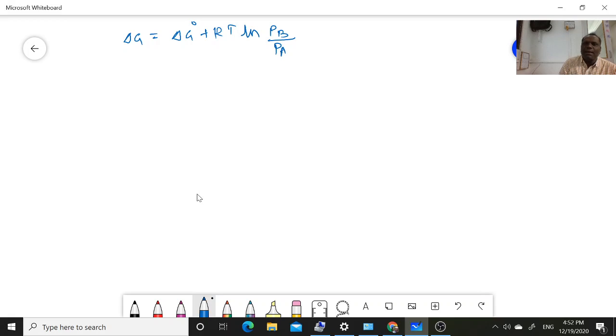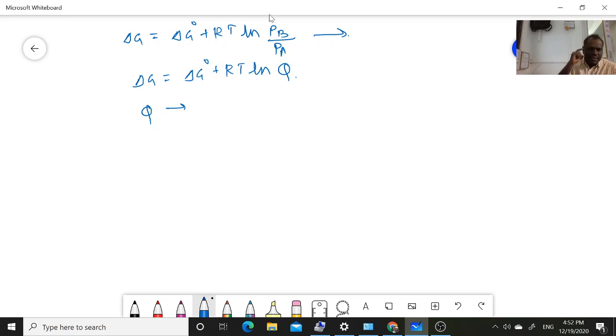What are these PB and PA? These are the partial pressures of that particular gas in that mixture, where A and B gases were coexisting. So PB divided by PA is equal to Q, that is, delta G is equal to delta G0 plus RT ln Q, where Q is called the quotient factor.